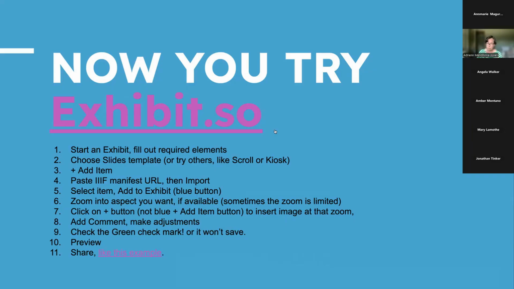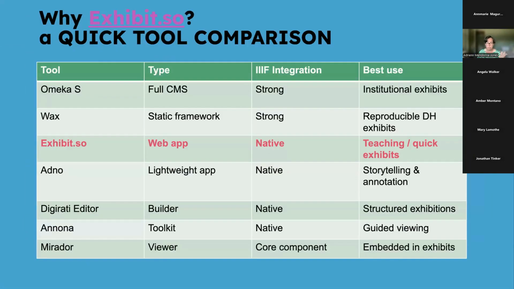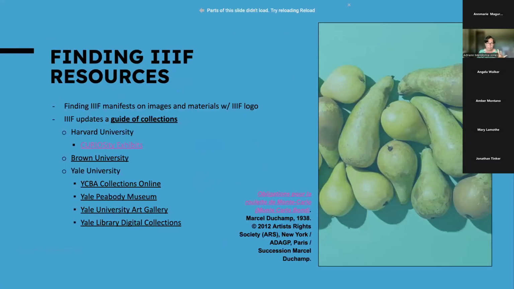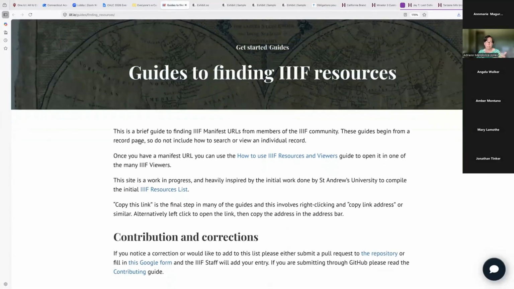And really, to make it easy on yourself, I would suggest that you go back, develop your own list of resources, like the one that I provided here. We have a few that I've basically gone and picked out, right? At Yale, at Brown, at Harvard. Those are all big name organizations, but you will find IIIF elsewhere. And that's the great thing about it, I think, is that it's starting to take off.